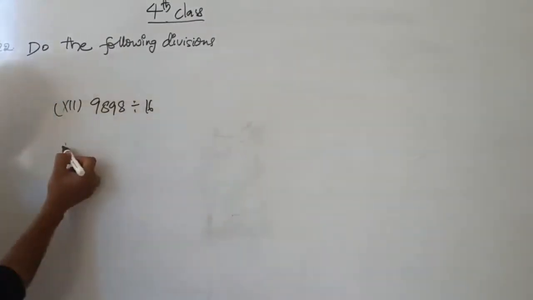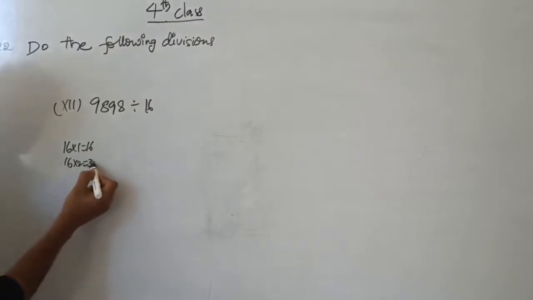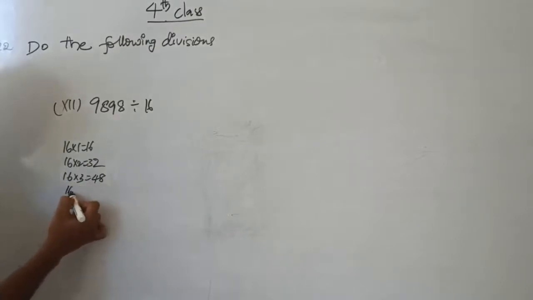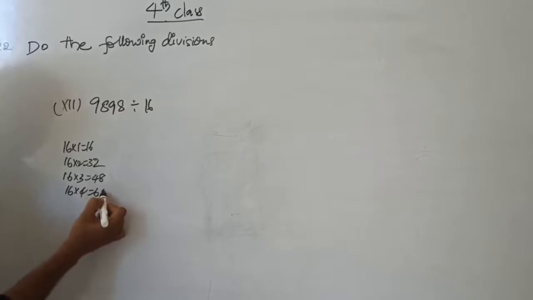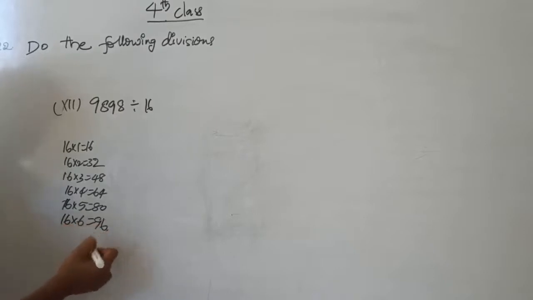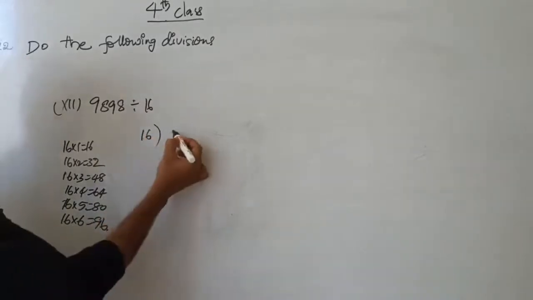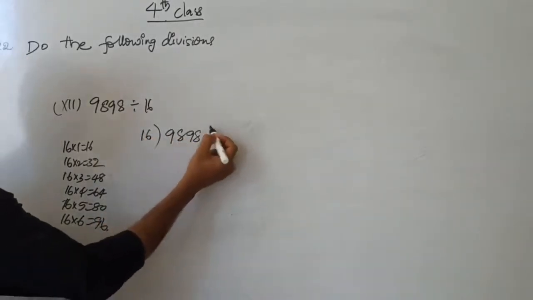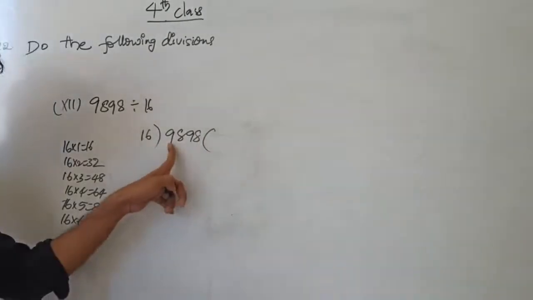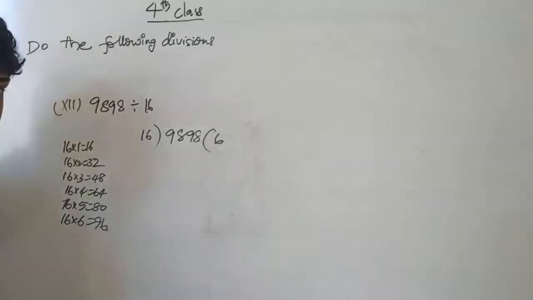So I am taking the 16 table here. 16 into 1, 16; 16 into 2, 32; 16 into 3, 48; 16 into 4, 64; 16 into 5, 80; and 16 into 6, 96. Okay, see here, 16 is the divisor here and 9898 is the dividend, and here we have 98. So 98 is nearer to 96. So I am taking 6 times.